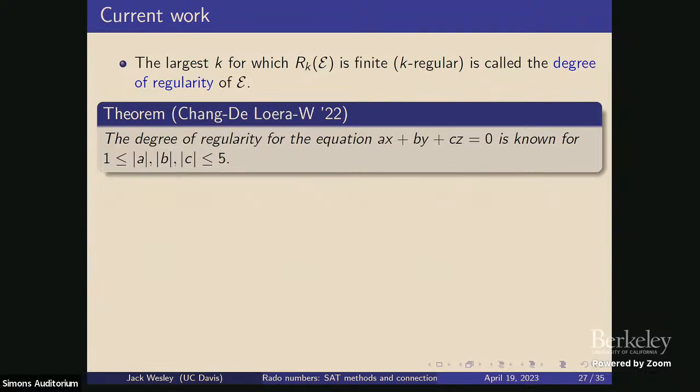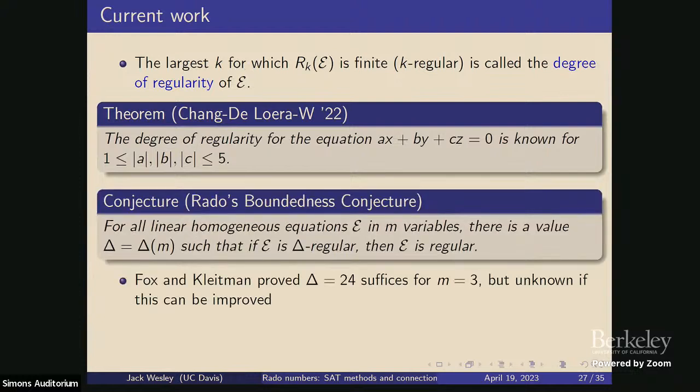Rado was able to characterize 2-regularity of homogeneous linear equations, but absolutely nothing is known for 3-regularity or higher. And this relates to what is called Rado's boundedness conjecture, which says essentially that if you fix the number of variables, then either your equation has to be regular, or there is a bound on the degree of regularity.